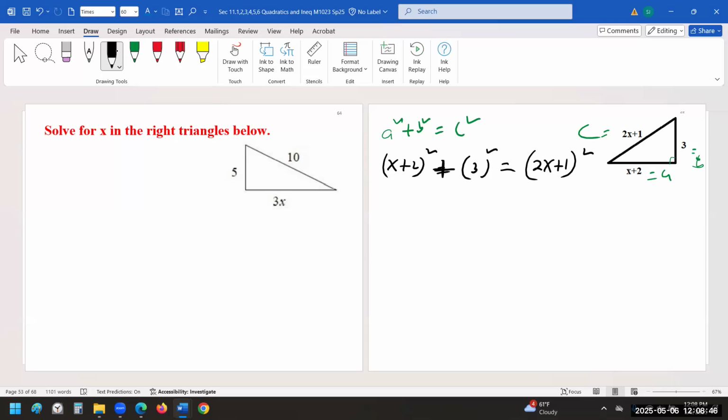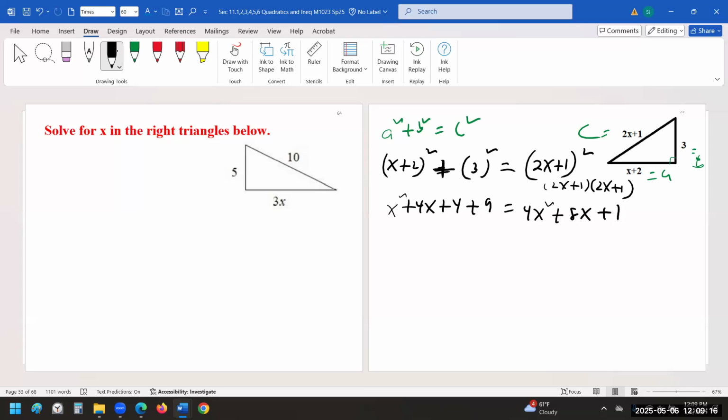And now we have to expand all these squares. We have to multiply them twice. When you multiply, here you get x squared plus 4x plus 4. 3 squared gives us 9. And here, when you multiply twice, (2x plus 1)(2x plus 1), you'll get 4x squared plus 4x plus 1. And now you know what to do. It's a quadratic, so you must bring everything to one side.